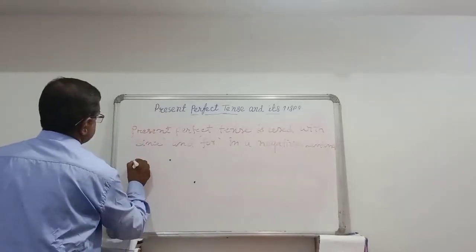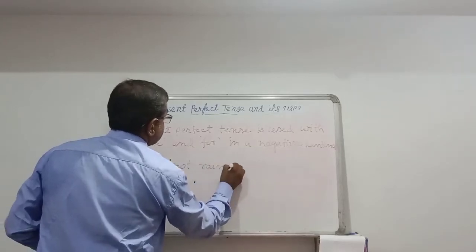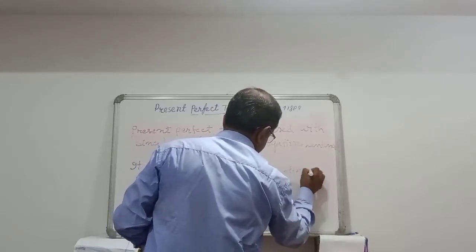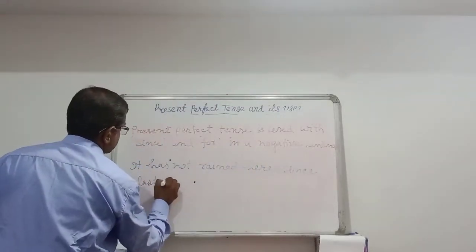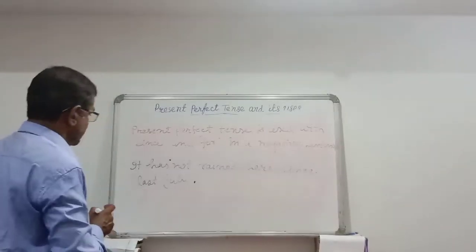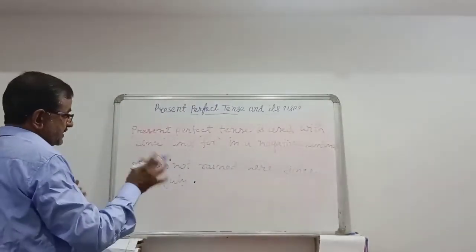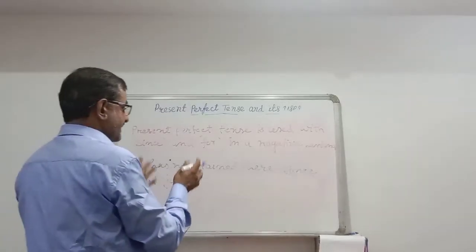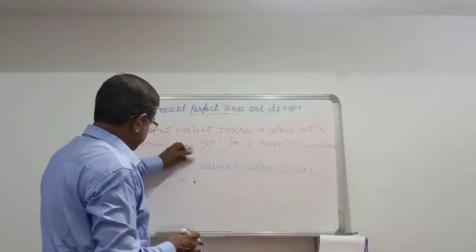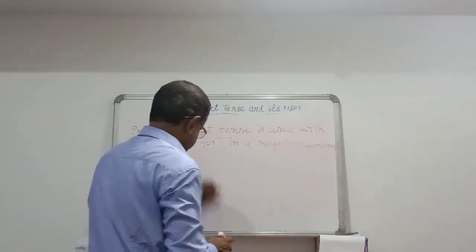You may also write another example: It has not rained here since last July. Last July is a point of time, and since is used here. And you can also write: It has not rained here for 6 months. So we have come to know that present perfect tense is used with since and for in a negative sentence.